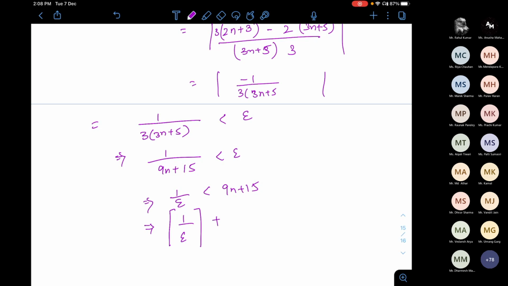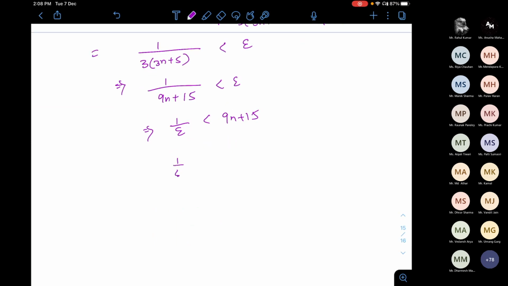No, I should not do that. Just a second, I'll reduce my calculation. Ma'am, n is always greater than 0. Yes, n is a natural number.